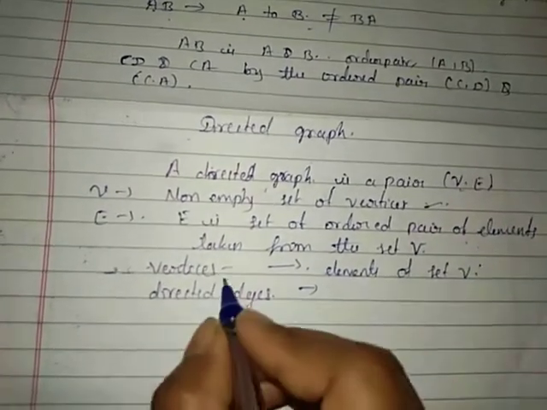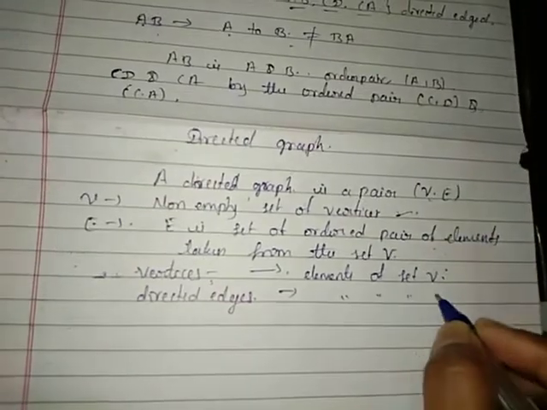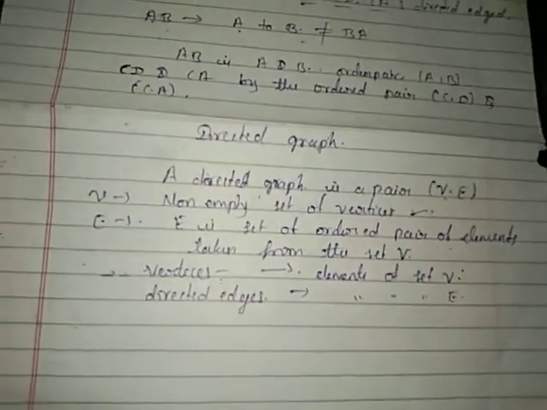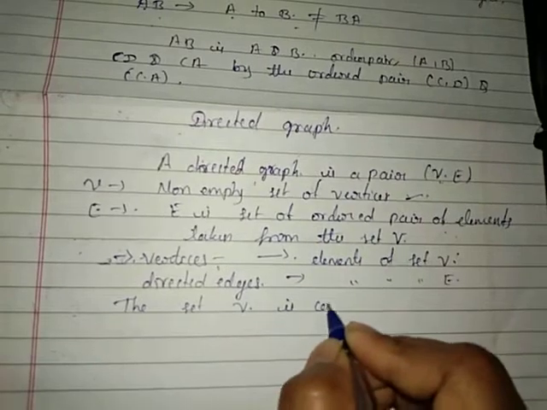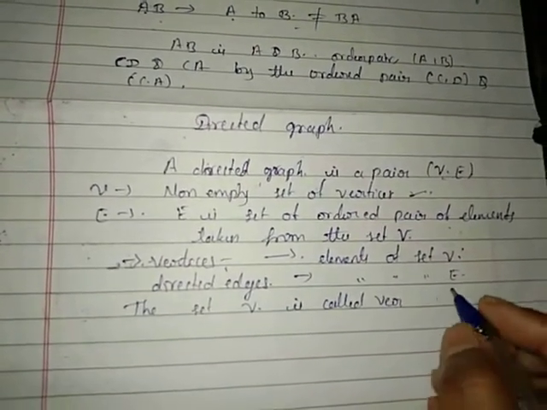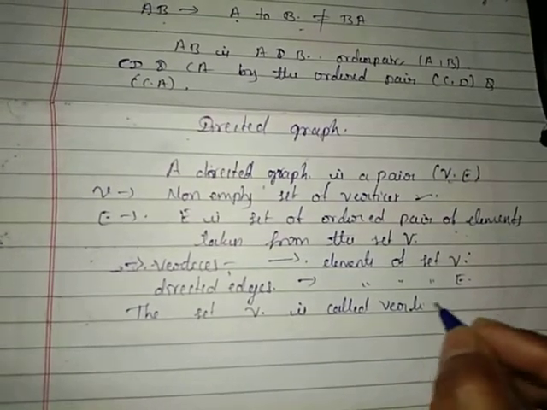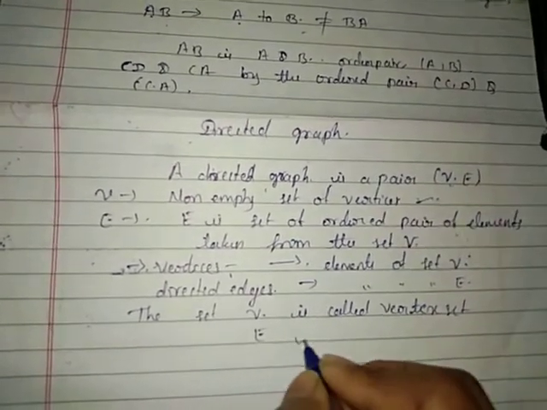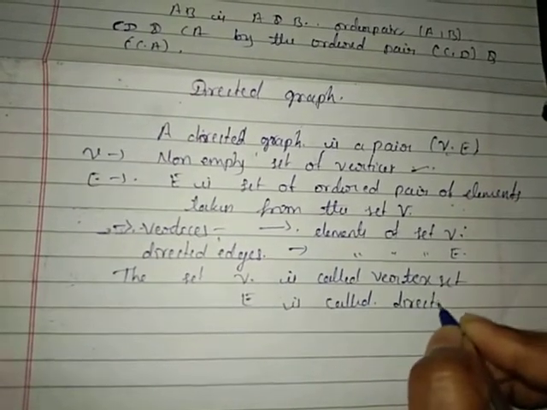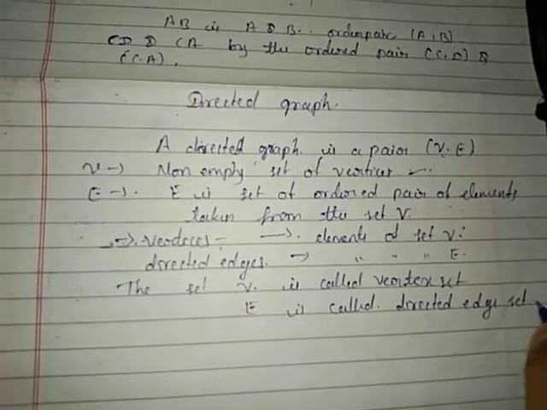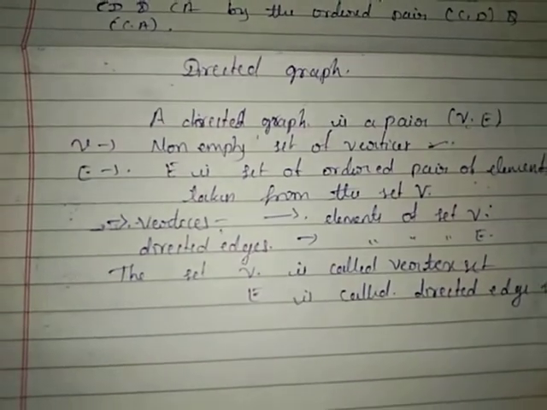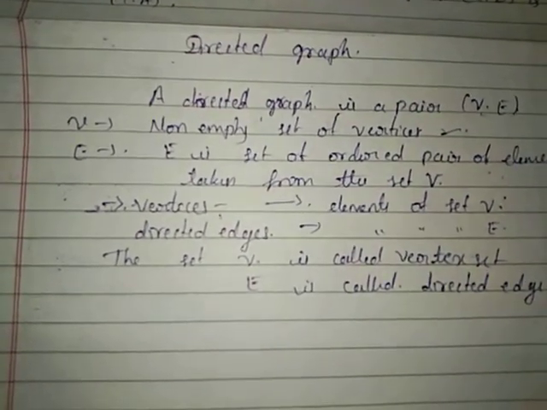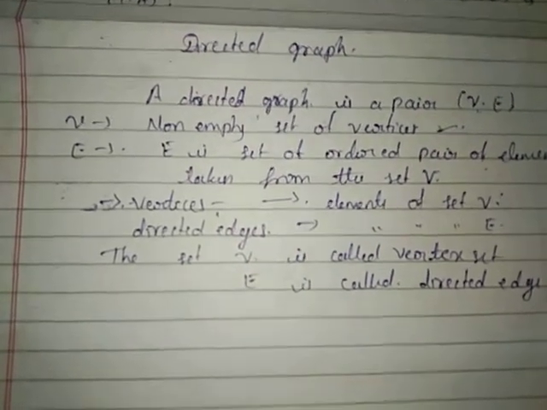The set V is called the vertex set, or vertices set, and the set E is called the directed edge set, which is also referred to simply as the edge set.